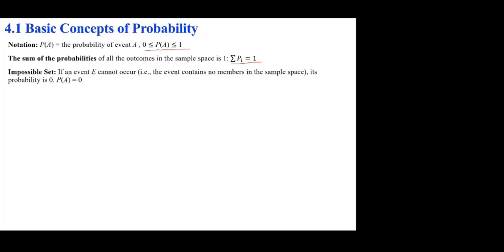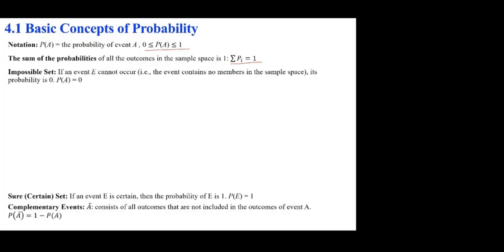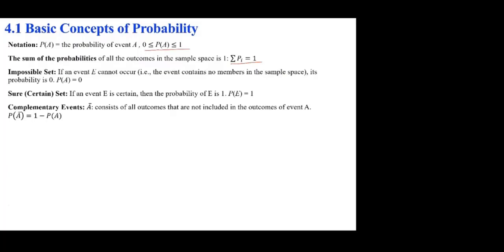Now, if an event cannot occur, we call it an impossible set. That means the probability is 0. When an event has a probability of 1 or 100%, we call it a sure set. So probability is 1 or 100%.